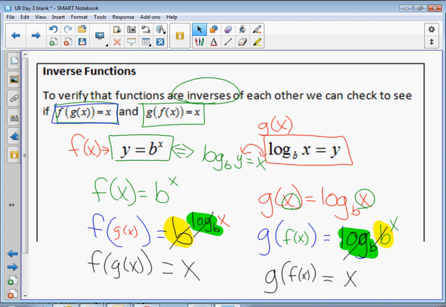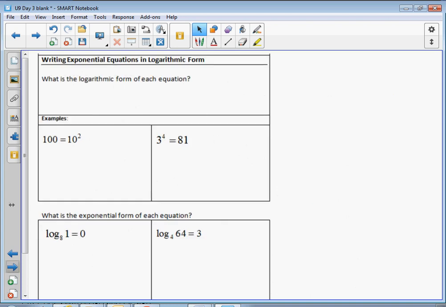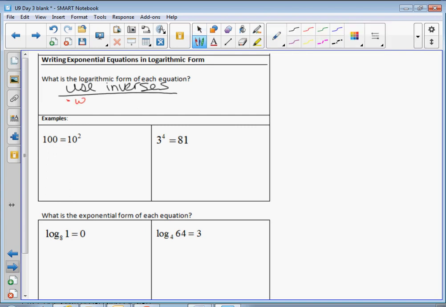So knowing this could help us write exponential equations in logarithmic form and vice versa. What is the logarithmic form of each equation? Let's remember to use inverses. If we use inverses, we want to ask ourselves, what is the base?